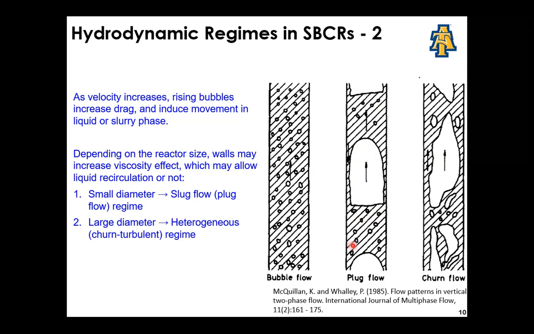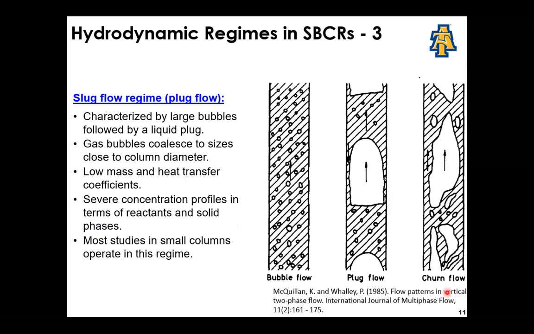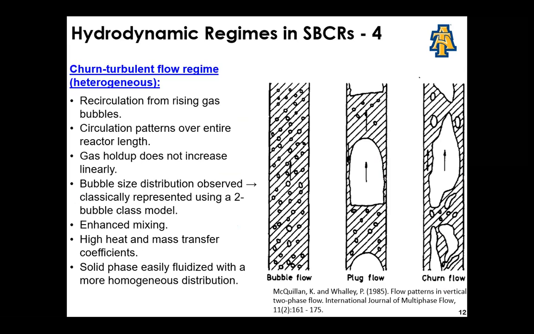Moving on to the last one, the churn turbulent flow regime or our heterogeneous regime. It is characterized by recirculation from rising gas bubbles. This flow occurs at a very high superficial gas velocity, due to its intense coalescence and breakup. Small as well as large bubbles appear in this regime, so it leads to a wide bubble size distribution, against a narrow size distribution for our bubble flow.